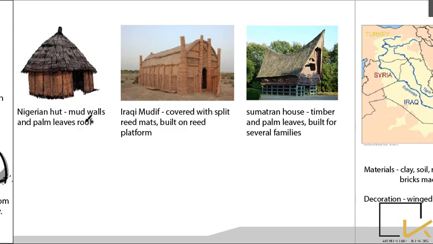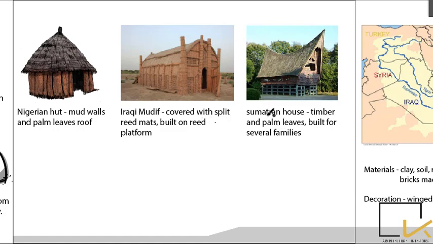A Nigerian hut is nothing but mud walls and palm leaf roofs. It was mainly mud wall, thatch was also used, and the roof was palm leaves. Then came the Iraqi Mudif. The Iraqi Mudif is covered with split reed mats built on a reed platform.